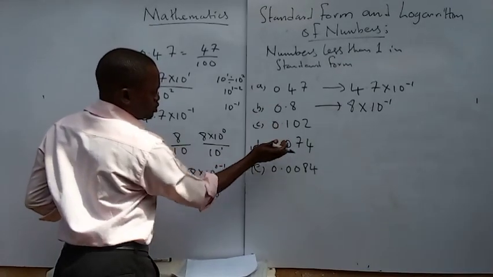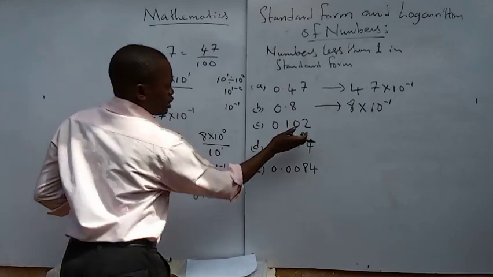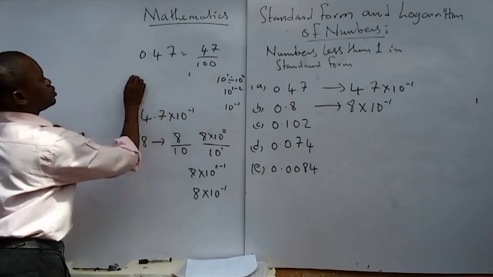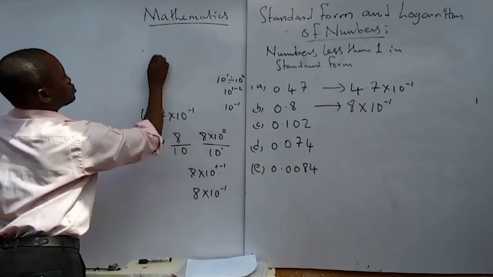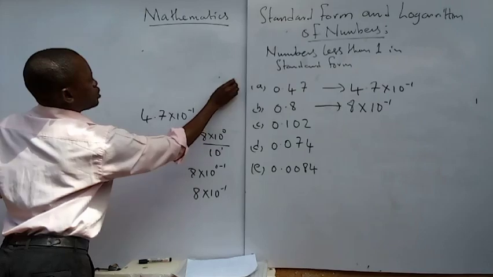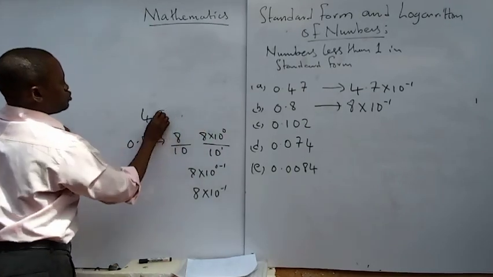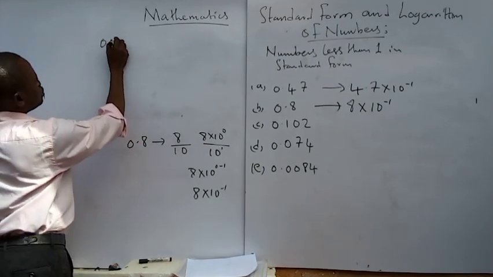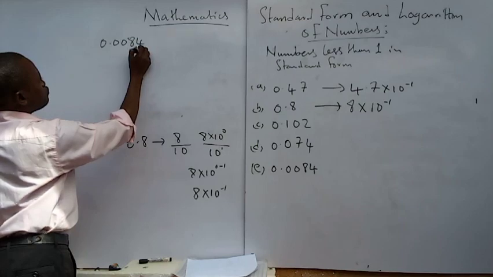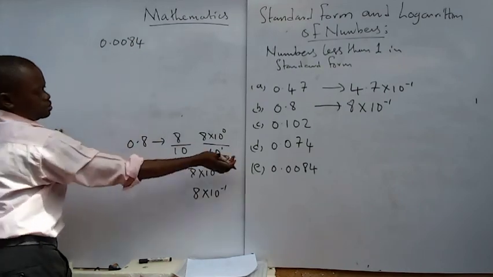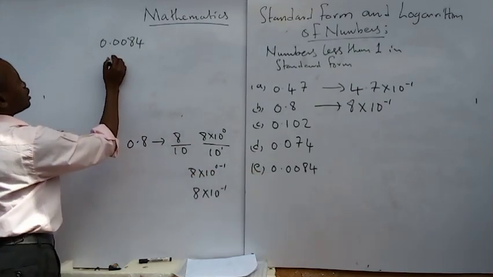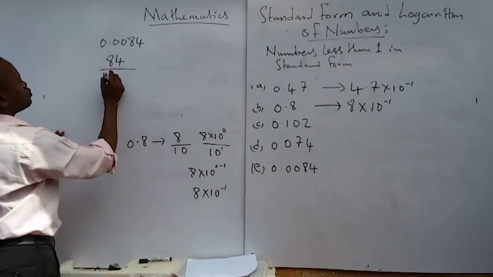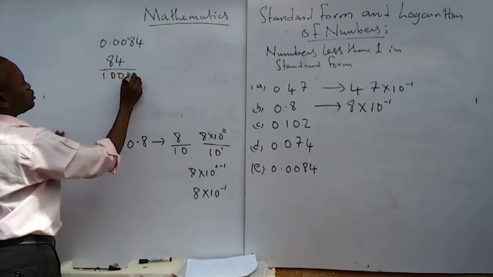Okay. Now, let me just check something here. Let me jump this and come down here so that I can connect what I'm trying to explain. So look at this. If you have 0.0084, okay, this last one, I can rewrite it as 84 over 1, 2, 3, 4.